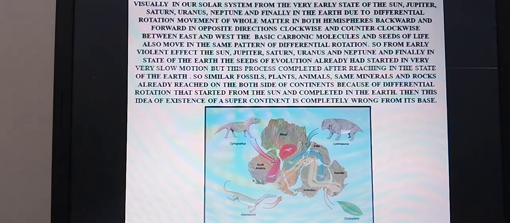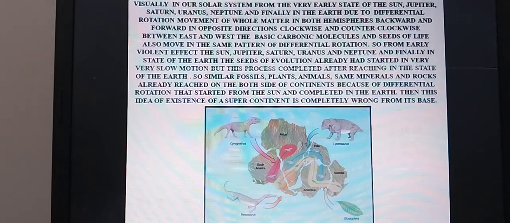So from the early violent effect of the Sun, Jupiter, Saturn, Uranus, Neptune, and finally in the state of the art, the seeds of evolution had already started in a very slow motion, but this process completed after reaching the state of the art. So similar fossils, plants, animals, sand, minerals, and rocks reached both sides of the continents because of differential rotation that started from the Sun and completed in the Earth.